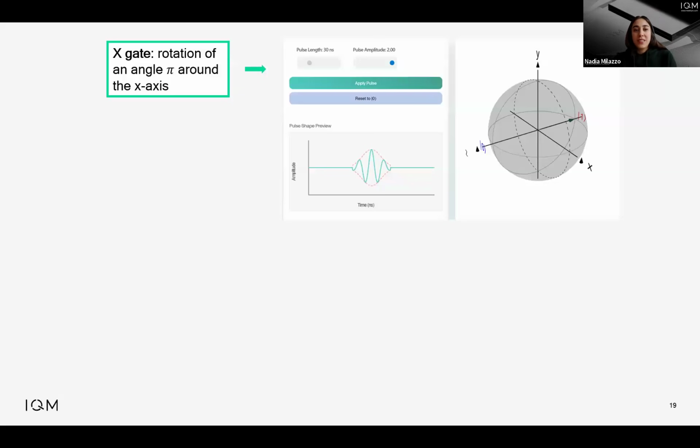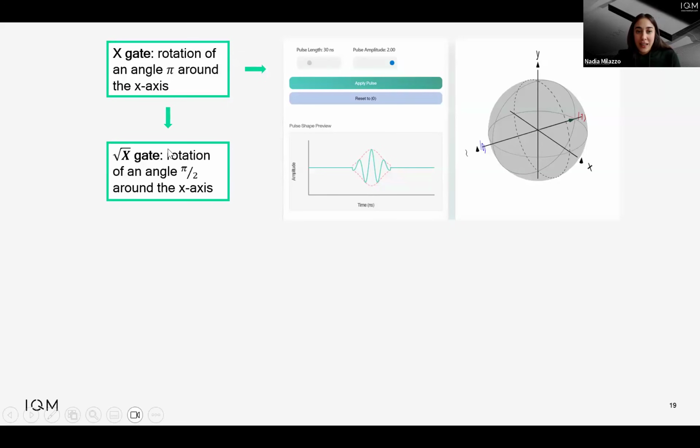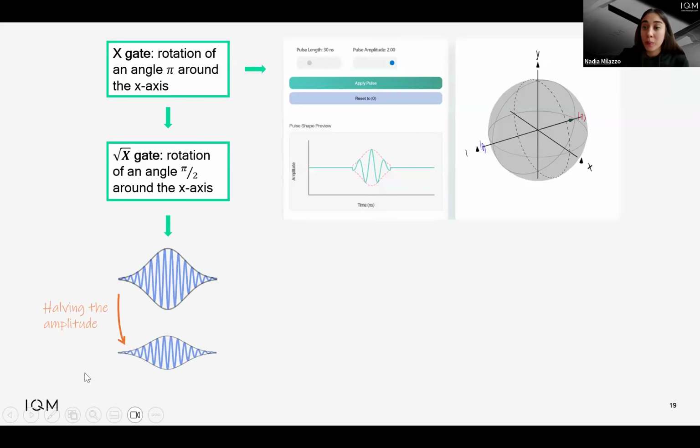So we have seen that the X-gate can be achieved by putting these two parameters. And the square root x gate, that is a rotation of pi over 2, can be achieved by halving the amplitude. I've also seen in the chat someone writing that it was about halving the time. So this is true for a very simple model of the waveforms.